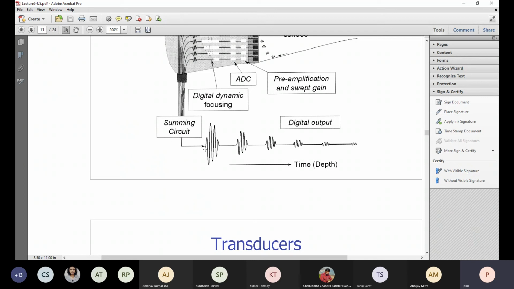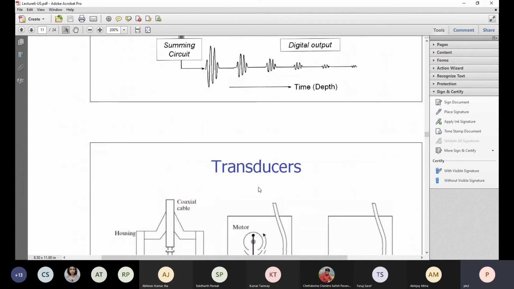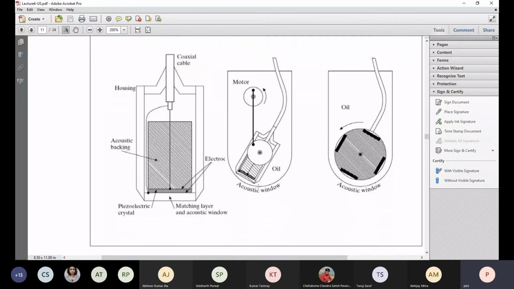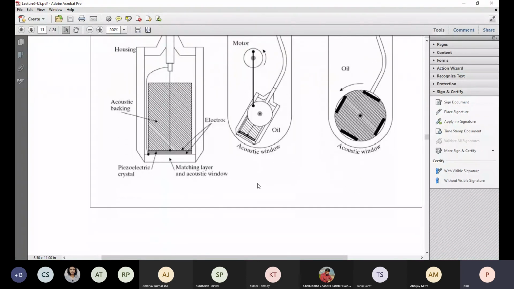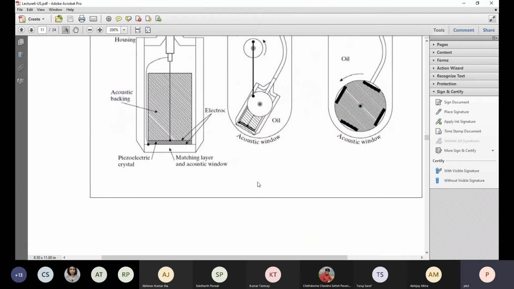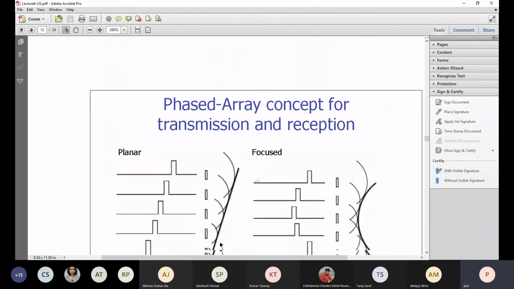So given a pulse, the resultant output of sound waves will be like this. Similarly, the echoes will be formed as time progresses, attenuated versions of the original launched pulse. So this is one example of the transducers that we had discussed earlier also.